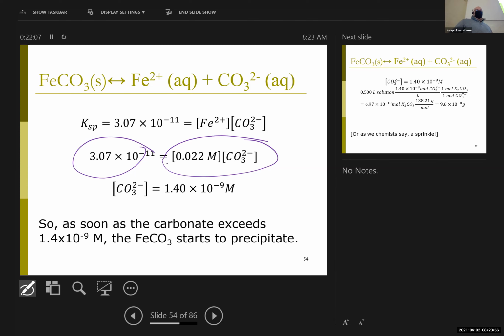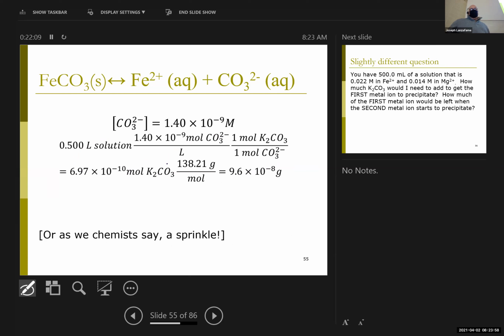In more normal units, because it is a solid, that's 96 nanograms. You'd need a $1 million scale to weigh that out, which is why this will work. If I just take a scoop of potassium carbonate and throw it in there, I am going to grossly exceed the Ksp value, which is going to force the iron to start to precipitate.